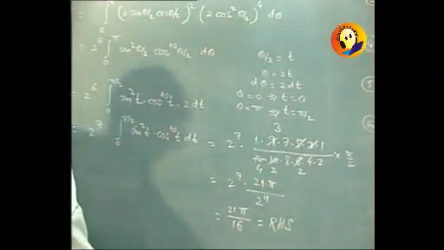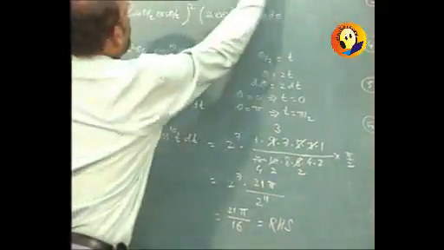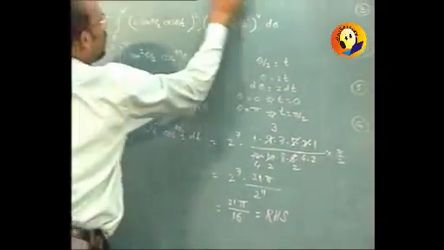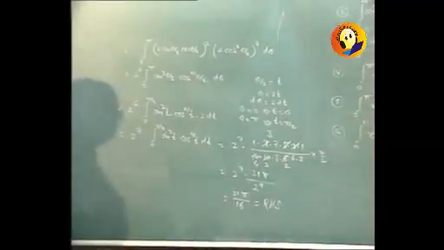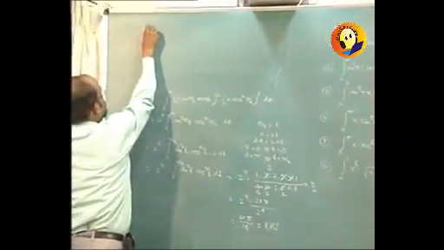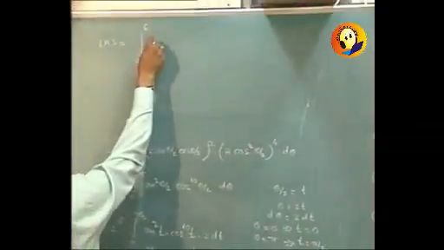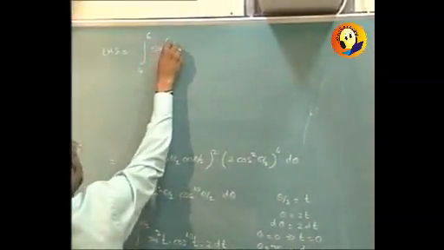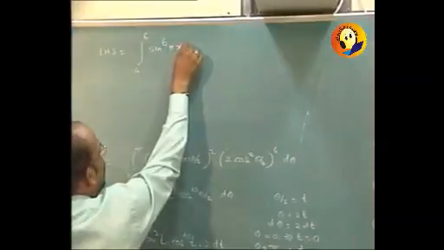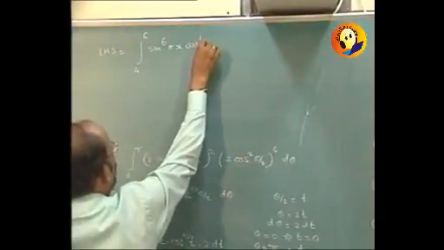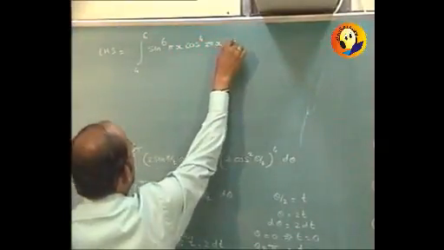In case of problem number 3, when the limits are 4 to 6, so LHS is integral 4 to 6 sin raised to 6 pi x into cos raised to 4 2 pi x dx.